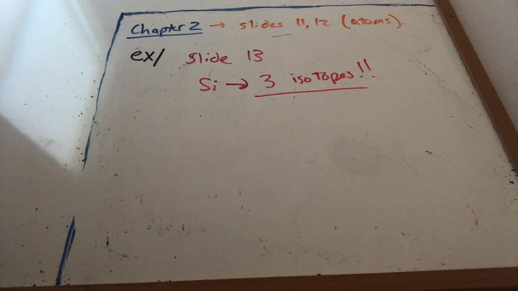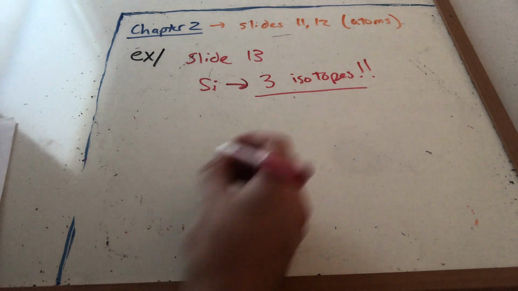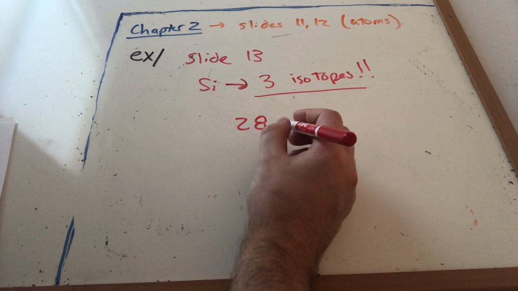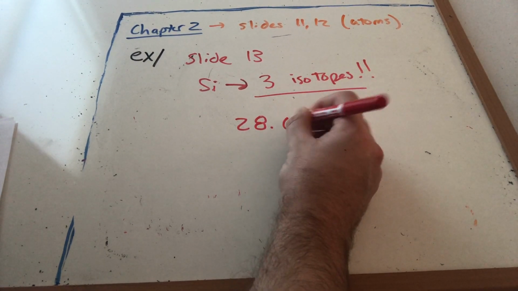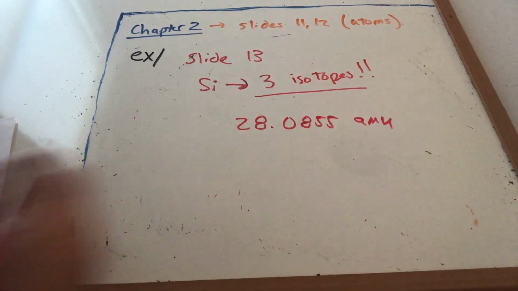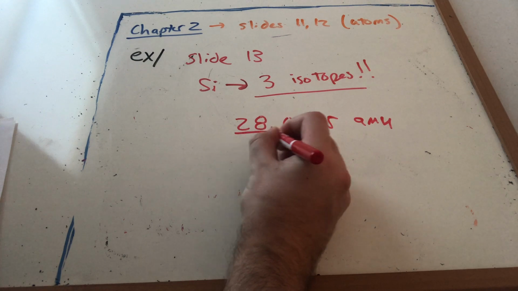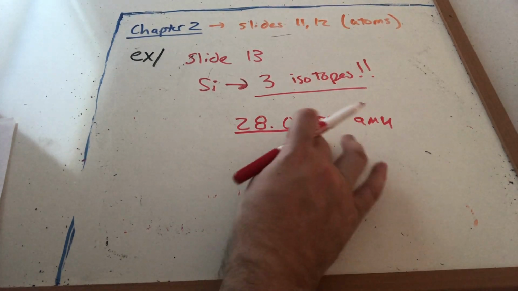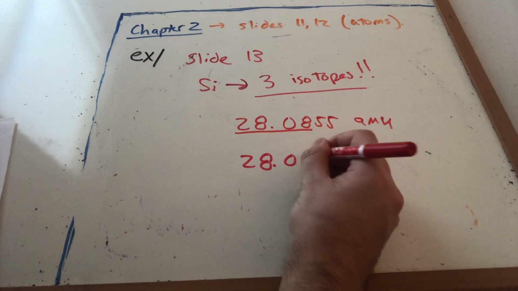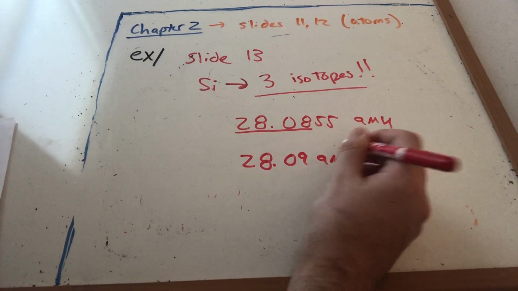You should be able to do that problem, and based off the information that you're given, what you should get out for the atomic mass of silicon is 28.0855 AMU. And when you pay attention to significant figures, it actually goes out to that second decimal place so that the final answer is 28.09 AMU.